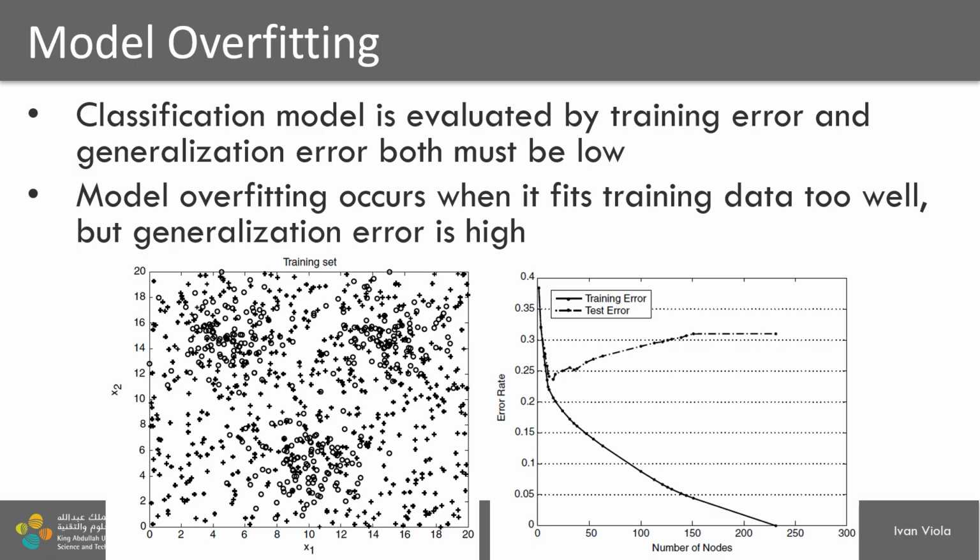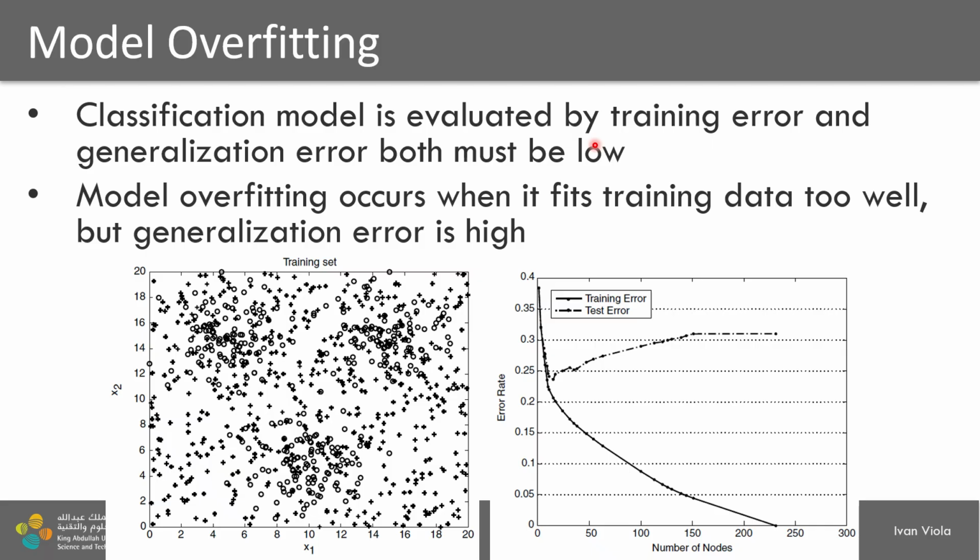Ideally, this measure is low, and also the generalization error is low. And what does this generalization error mean? It is the error which is measured from data records which have not been part of the training process.